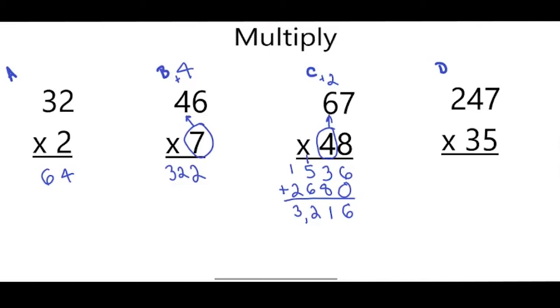Now, let's do example D. I'm going to multiply the 7 times the 5, which is 35. But I carry that 3, and I put it up top right over the 4. So now I multiply the 5 times the 4, which is 20, plus 3, and that's 23.